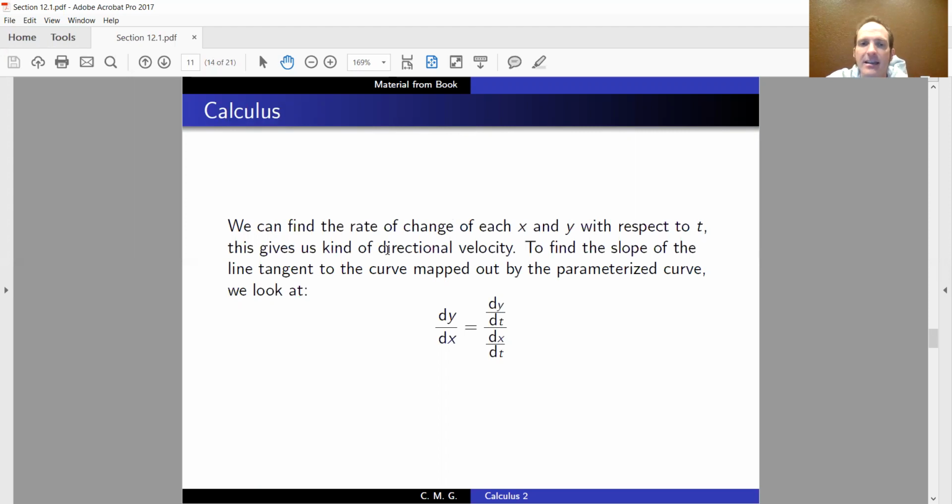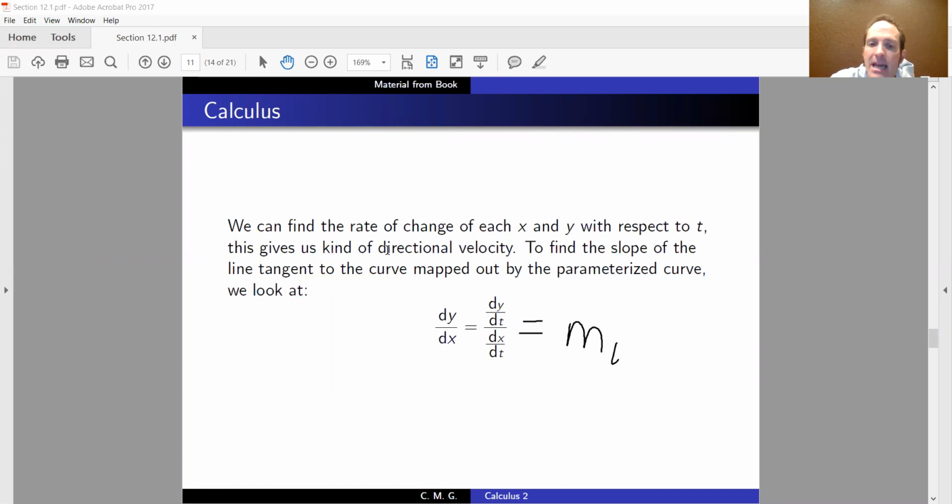So I can find things like the derivative. The slope of the line tangent to the curve mapped out by that parameterized curve is just dy/dt divided by dx/dt. So I differentiate the y function with respect to t, divide by differentiating the x function with respect to t. And what I get will be something in terms of t, but what it ultimately means is it's the slope of the tangent line, as in a y equals mx plus b kind of thing.